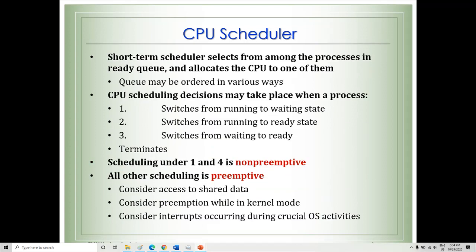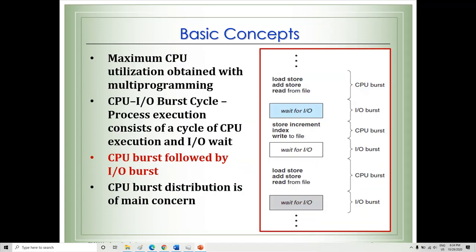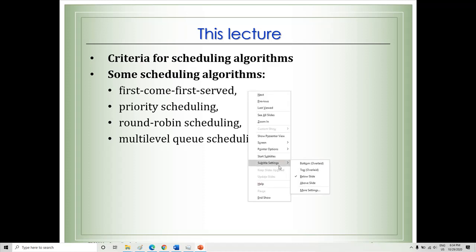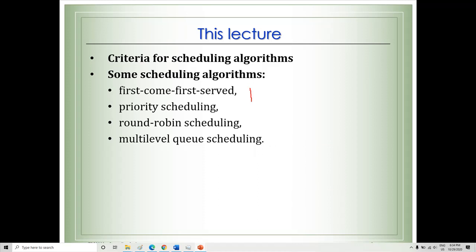In this lecture we are going to discuss these algorithms: FCFS, first come first served, then priority, then round robin, in short RR.